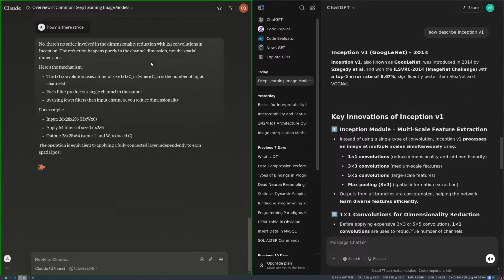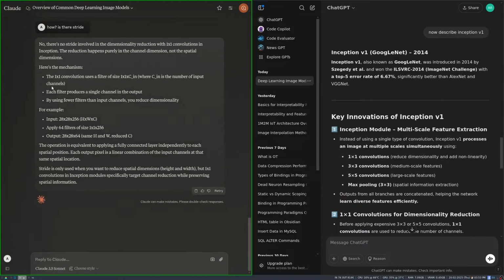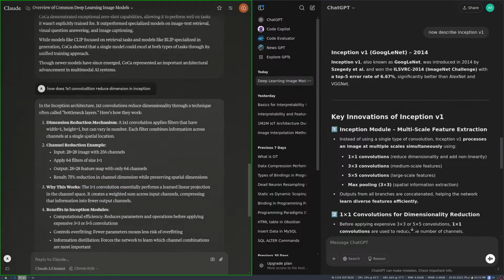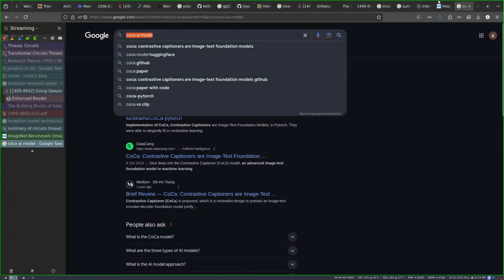I was expecting stride to exist. Each filter produces a single channel in the output. By using filters, you can reduce dimensionality of the input channels. I think I'll Google it.